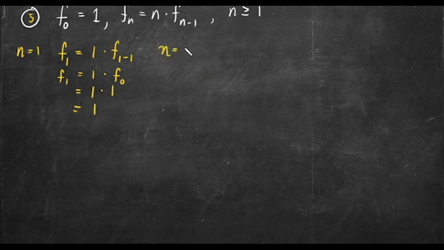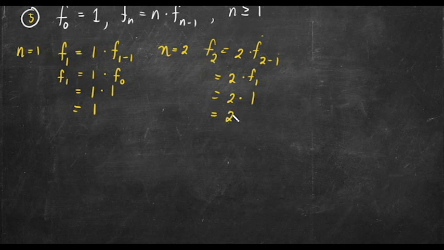For n equals 2, f sub 2 equals 2 times f sub 2 minus 1, which is 2 times f sub 1. Your f sub 1 is already 1. So, 2 times 1, which is 2.